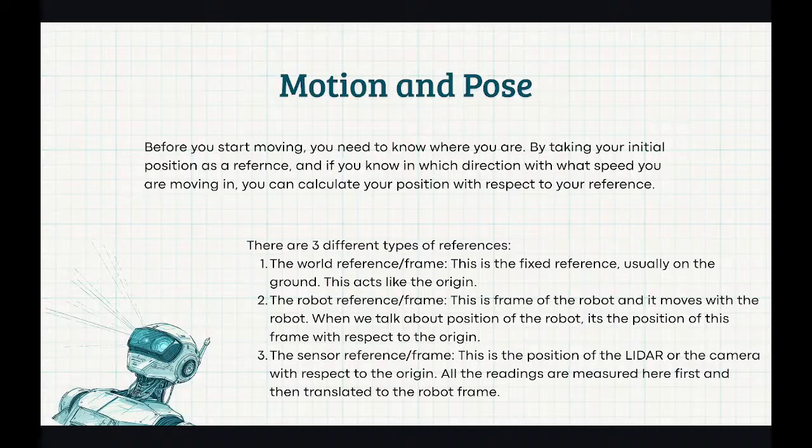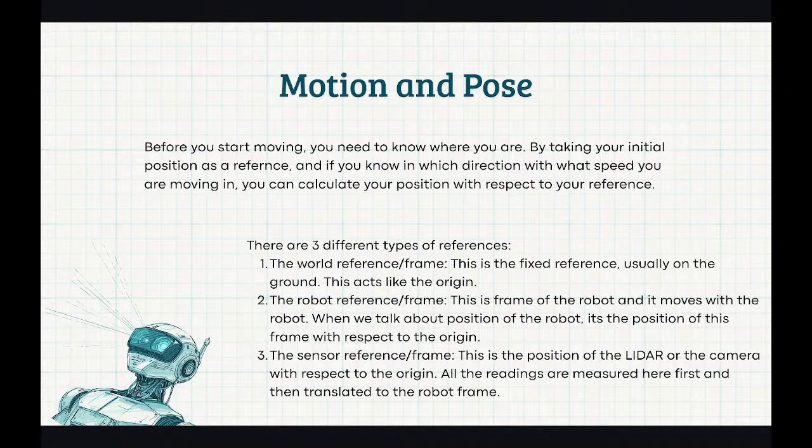Now the LiDAR gives you the distance from the object to itself, but we need the distance from the object to the robot, not to the sensor. The sensor can be anywhere on the robot, but it's not at the center of the robot.